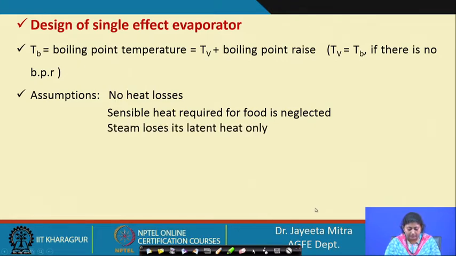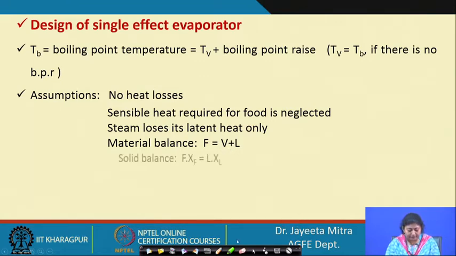Now, since we have considered that steam loses its latent heat only, first we will look into the material balance. The feed gives us two streams, vapor and the concentrated liquid.